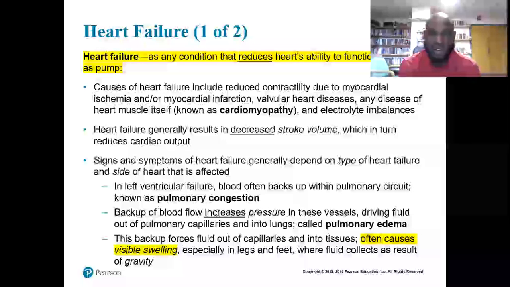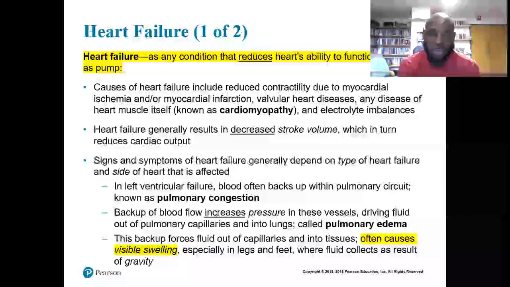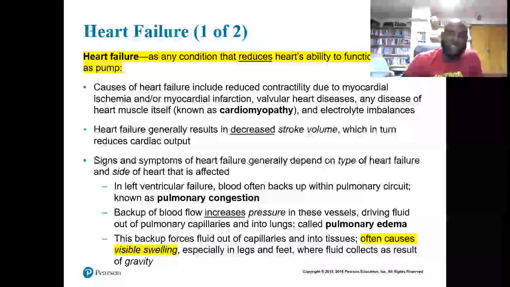Heart failure can include myocardial ischemia and myocardial infarction. That would obviously be failure because part of the heart is dying, not getting a blood supply, and therefore it's not able to pump. But you also have diseases of the valves, any disease of the heart muscle itself, and electrolyte imbalances.